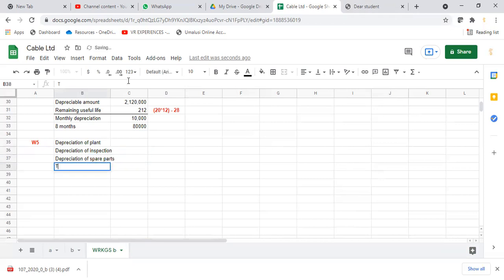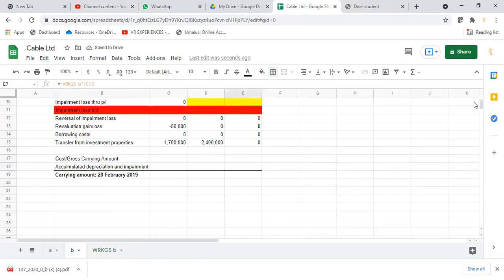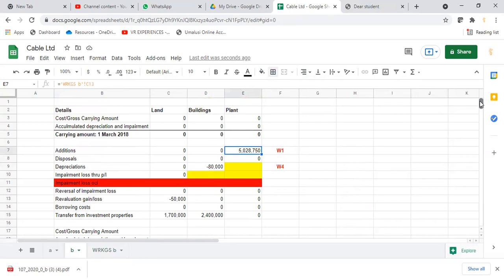So it's going to be the total depreciation of plant. You have to use the component approach. That is what's going to happen here, and that's going to be working 5.